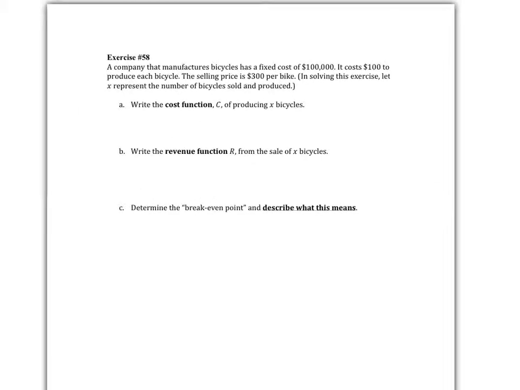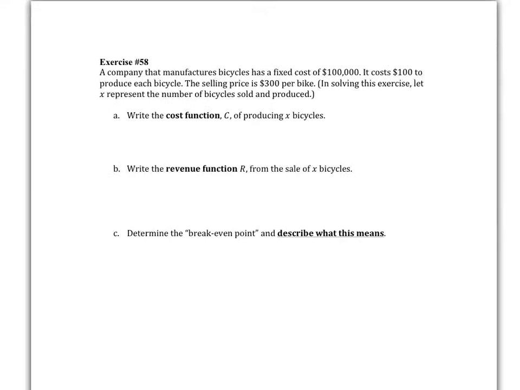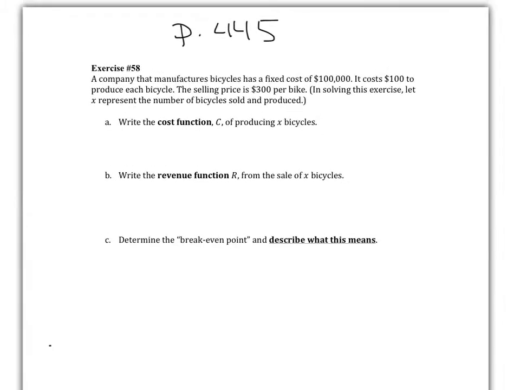Okay, so this is number 58 in your book on page 445. Let me make this a little bit bigger. A company that manufactures bicycles has a fixed cost of $100,000, and it costs $100 to produce each bicycle.